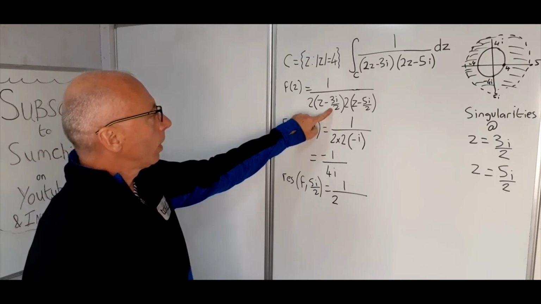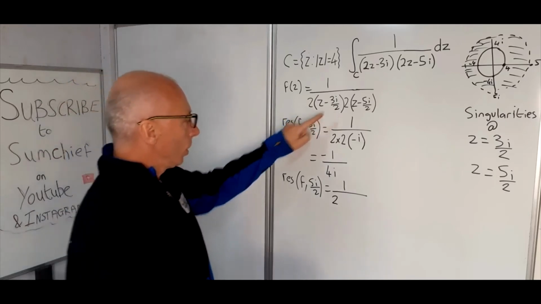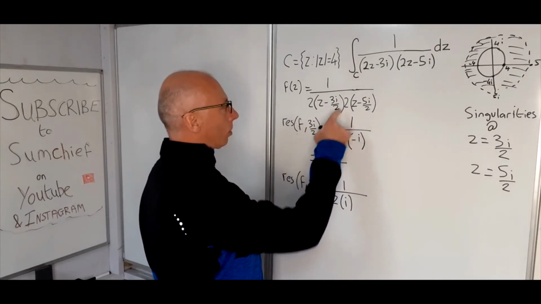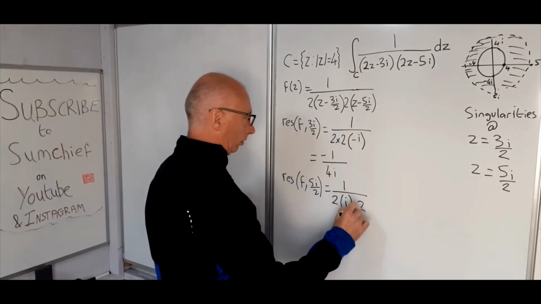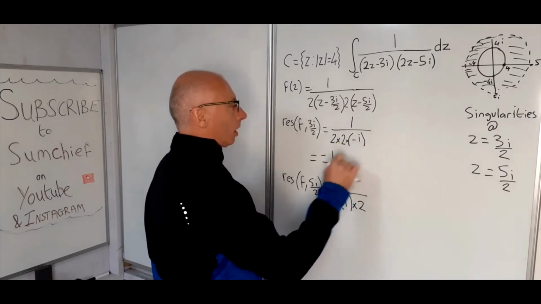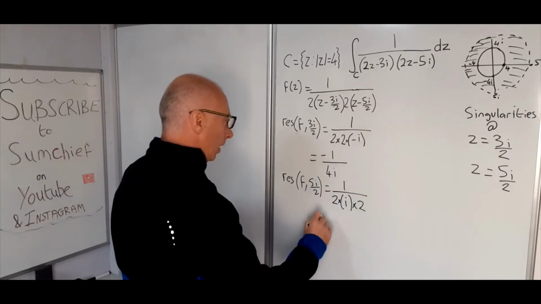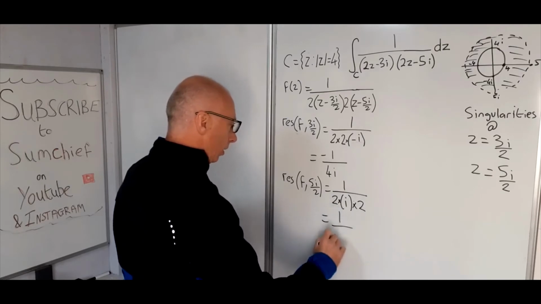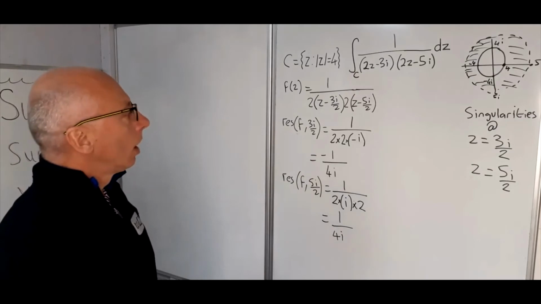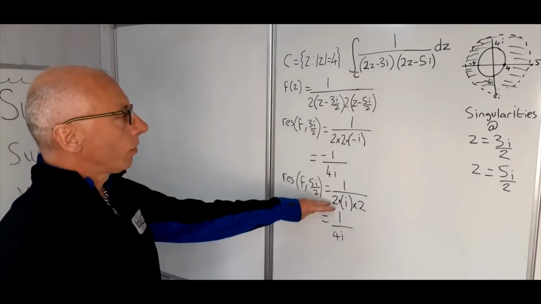That just leaves us with 2i over 2, which is i. And then this 2 here. Let's just put the multipliers in there so you can see. Okay, so then that leaves us with positive 1 over 4i. Okay, so that's the residues found out.